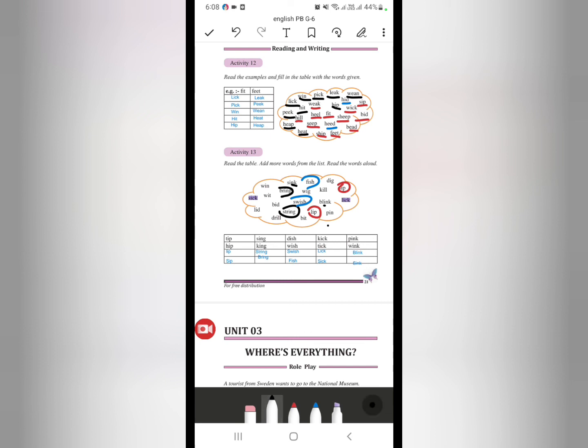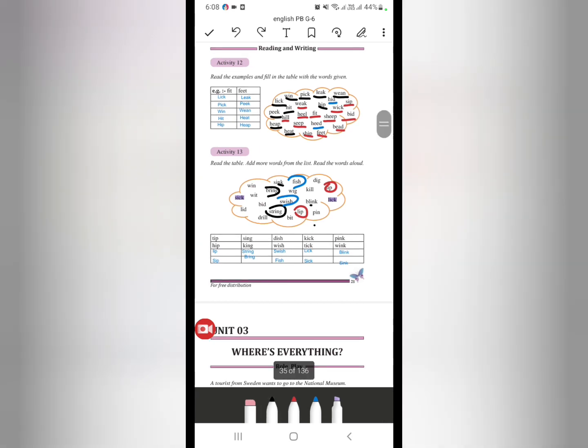What is the meaning of swish? You should comment it under the video. I have given it as a question for you all. If I say everything, how will you study? You should use the dictionary, find it and comment it under the video. Now we'll go to the other grid.